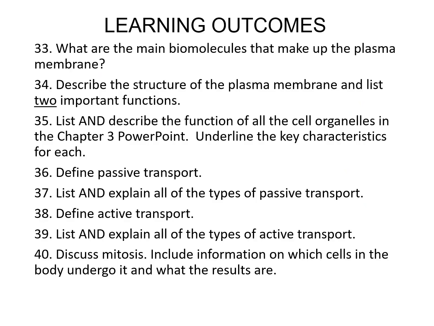Once again, here are some learning outcomes for you. The reason why they don't start on number 1 is that 1 through 32 is coming from Chapter 1 and Chapter 2. So this is just a continuation for this first module for your first exam. So by the end of the chapter, please make sure that you go back and understand and be able to identify and answer these statements and questions.